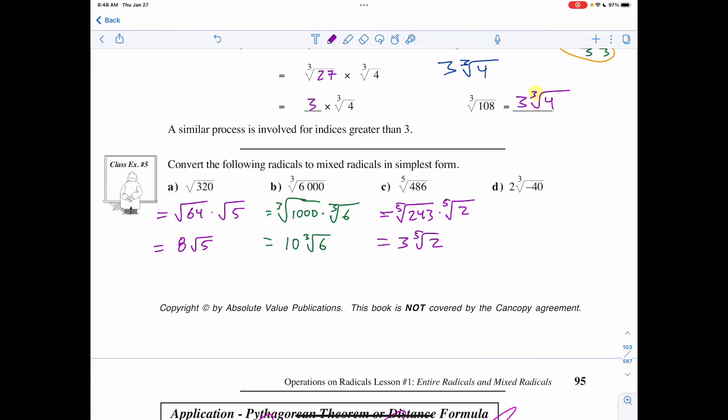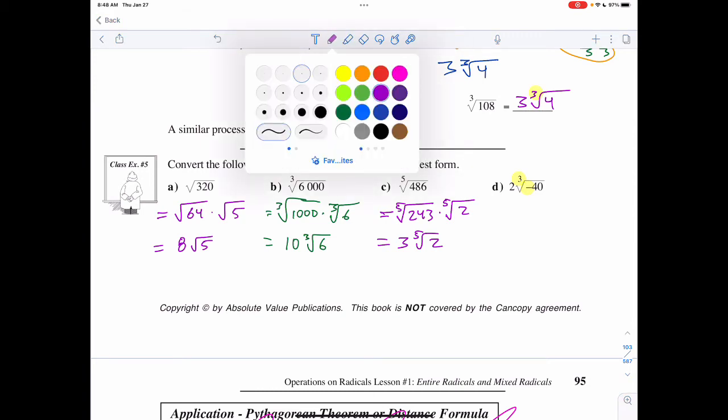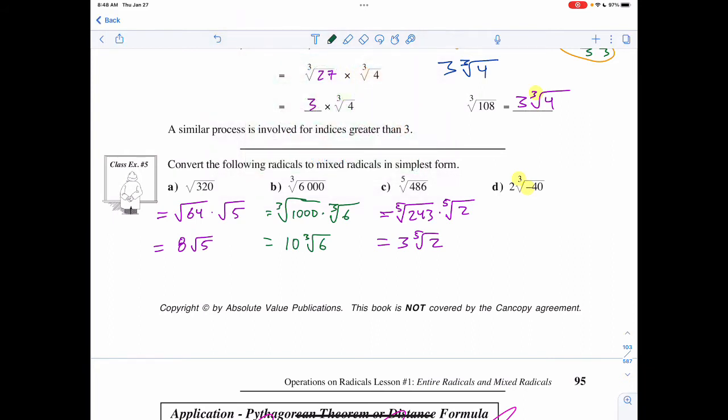When I get to the last example here, I can see there's a negative in there, but it is an odd index, which is okay. It just means I'm going to pull the negative out when I'm simplifying this. So I already have a 2 on the outside. I'm going to remove the perfect cube of 8, but I'm also going to pull the negative out of there, and I'm left with the cube root of 5.